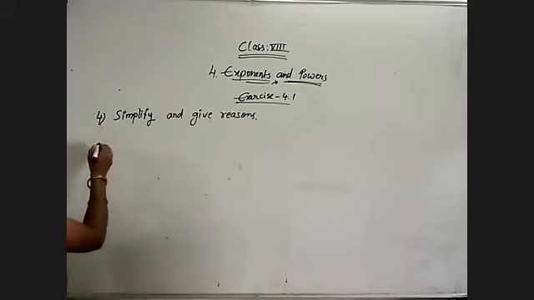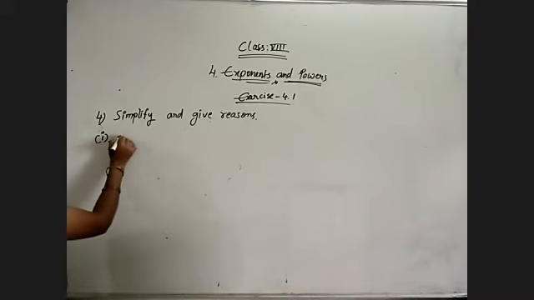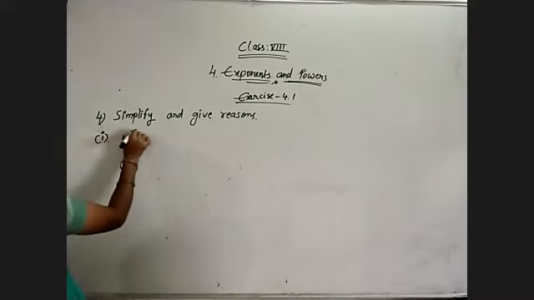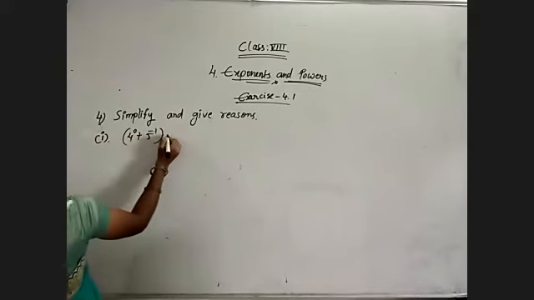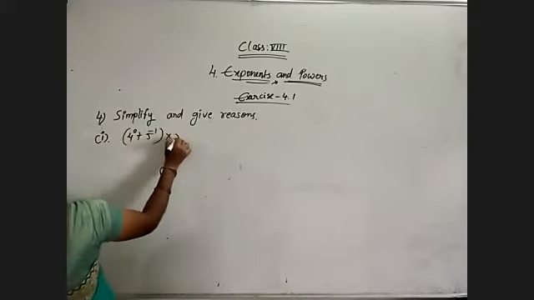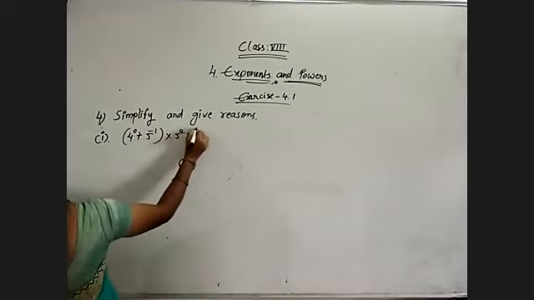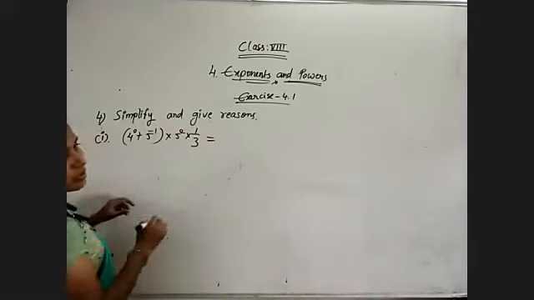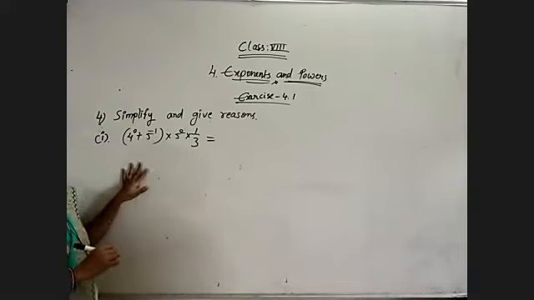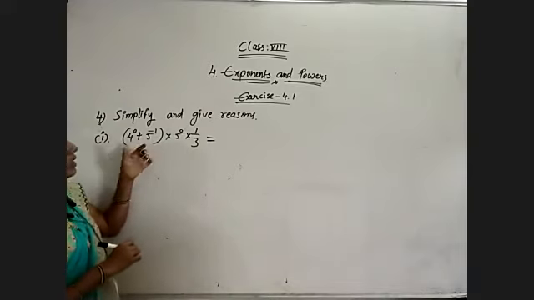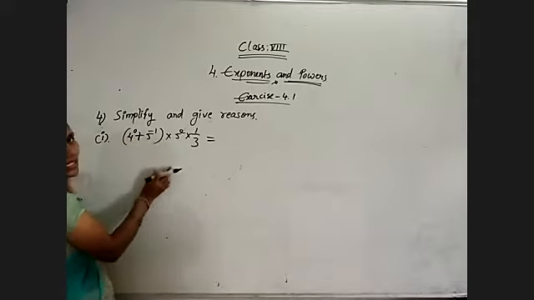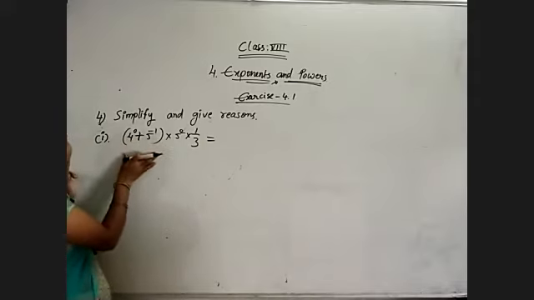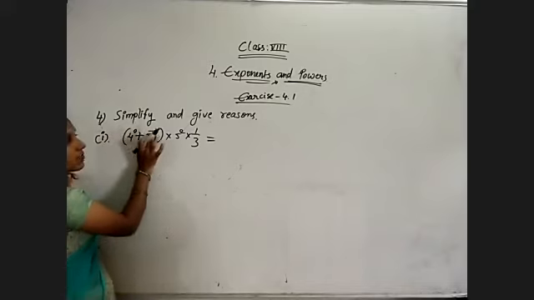Now observe the first question. 4 power 0 plus 5 power minus 1 into 5 square into 1 by 3 is equal to. So this is my first problem. I am simplifying directly. Observe here. So here brackets into operation is there. So brackets we have to simplify first. In the brackets what we have? 4 power 0 plus 5 power minus 1.